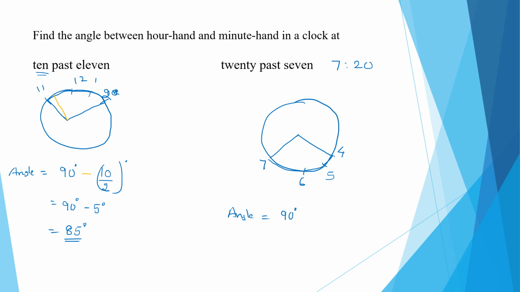But at 7:20, the hour hand goes ahead of 7, this is 8 here, 20 minutes of the journey ahead of 7 has gone, so it will be somewhere here like this. So the angle has to be bigger than the previous one. So I'll add minutes divided by 2. How many minutes? 20. 20 divided by 2. So it will be 90 degrees plus 10 degrees. That is, the answer will be 100 degrees.